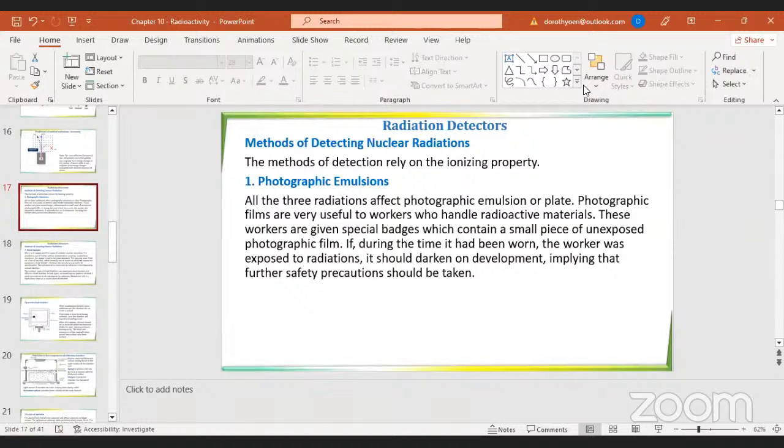That's why they're able to detect the amount of radiation they have been exposed to.